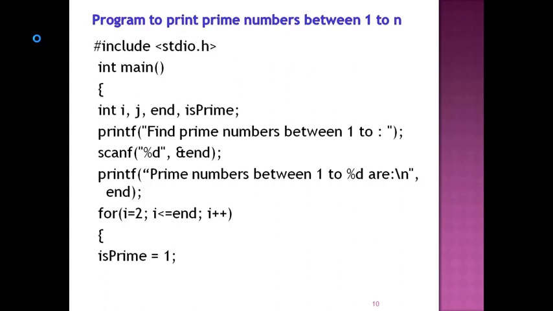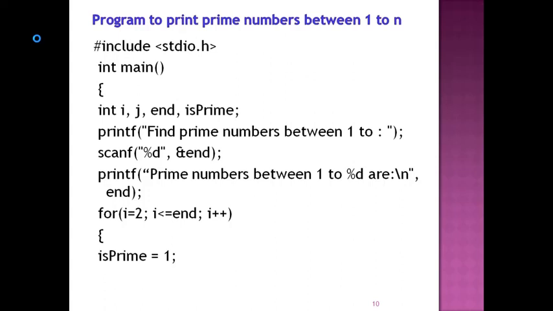Printf is used to ask the user to enter the number range: find prime numbers between 1 to where. Then the user will enter from 1 to 100. The scanf function is used to read the data and that number is stored in the end integer variable.